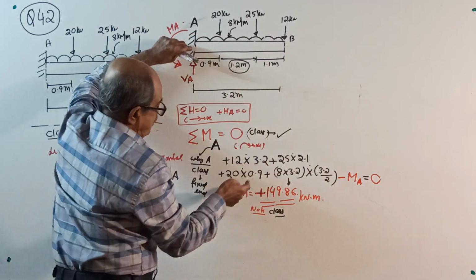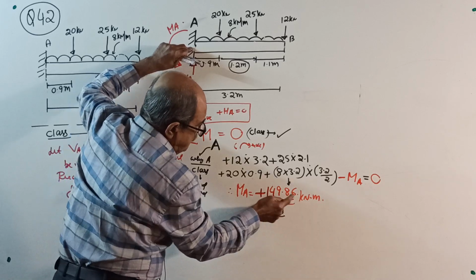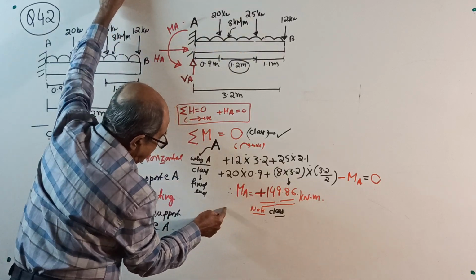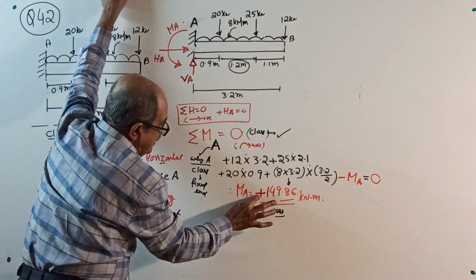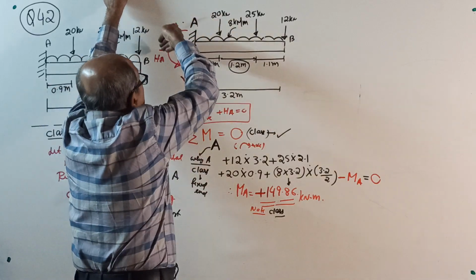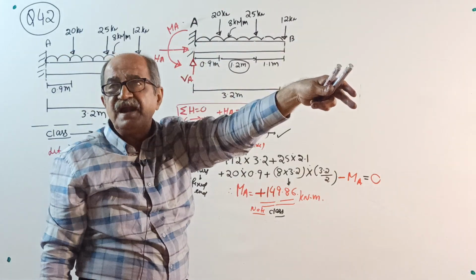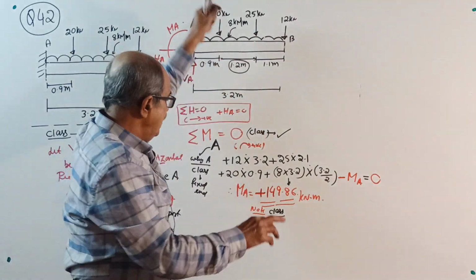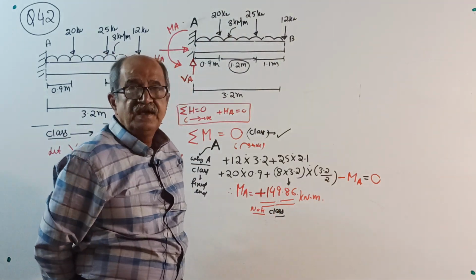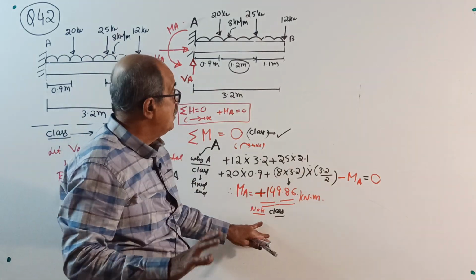When we found the value of MA, the sign came positive. This positive sign indicates that the assumed direction is correct. Therefore, the final reacting moment at A will be, no plus sign now, 149.86 kilonewton meter in the anti-clockwise direction. Over.